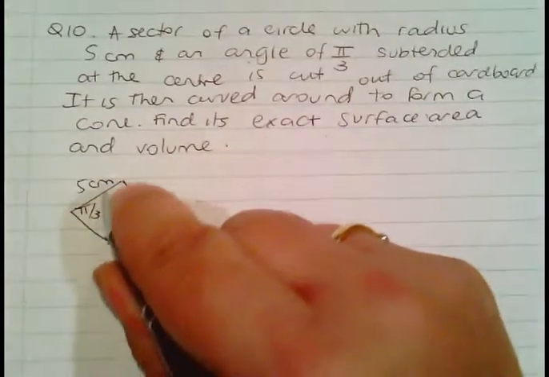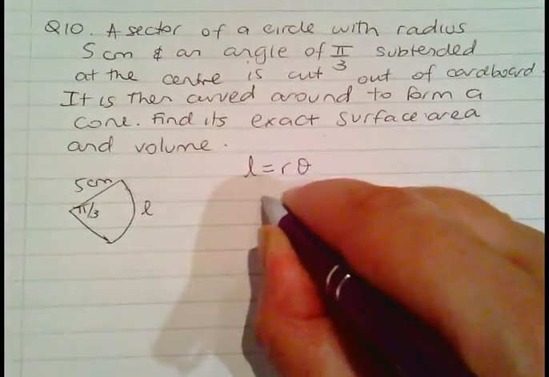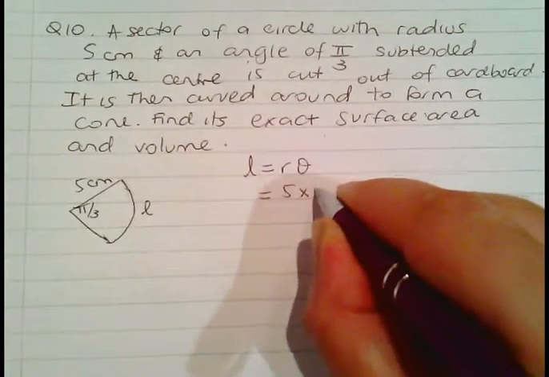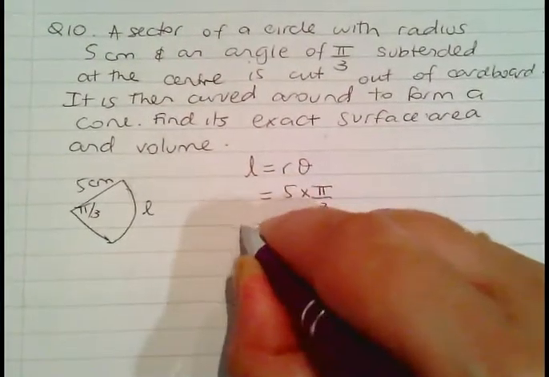So we know just to find this arc length here, L equals r theta. So it's 5 times pi on 3, which is 5 pi on 3. That's that arc length.